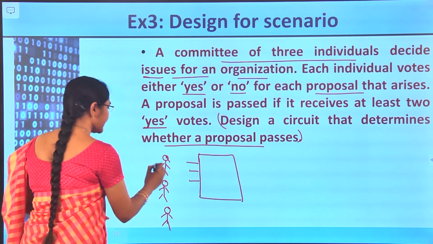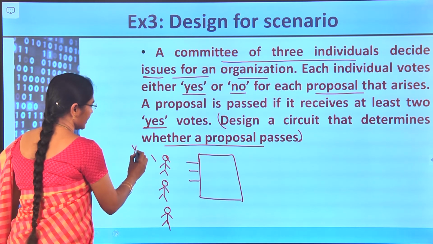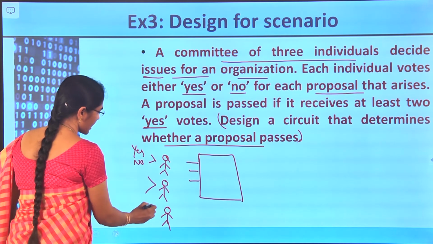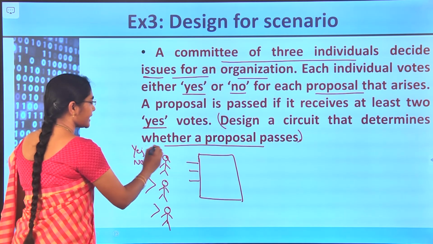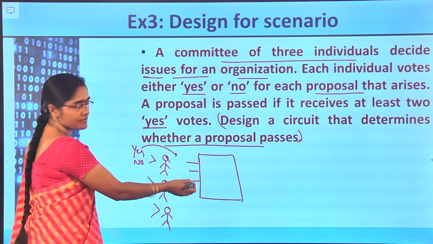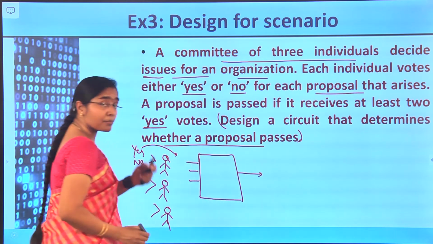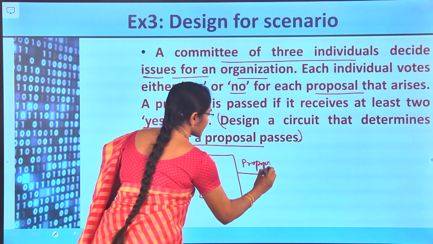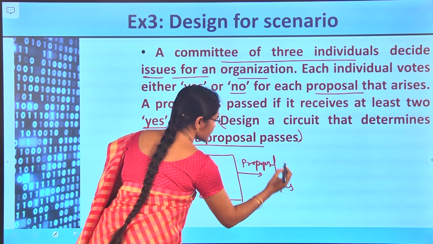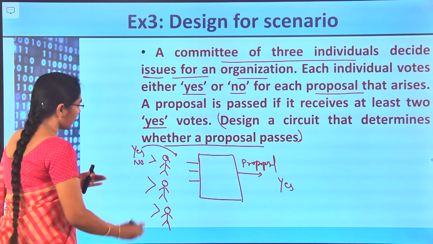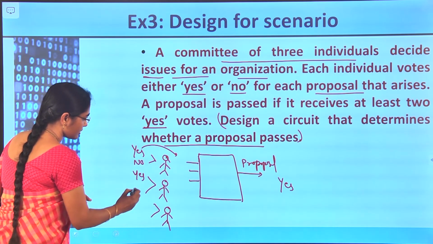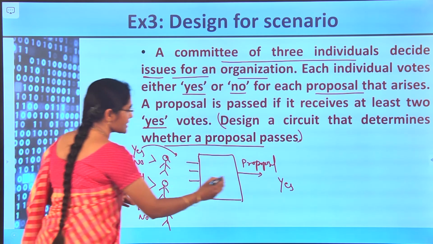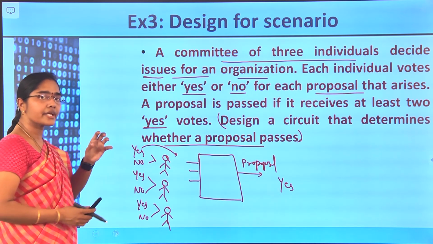Each person will give either yes or no. Yes or no, yes or no and yes or no. Taking these yes or no's as inputs and passing a proposal, that is also yes or no. Proposal yes or no. And since in the total problem we have yes or no, so that is a binary representation.